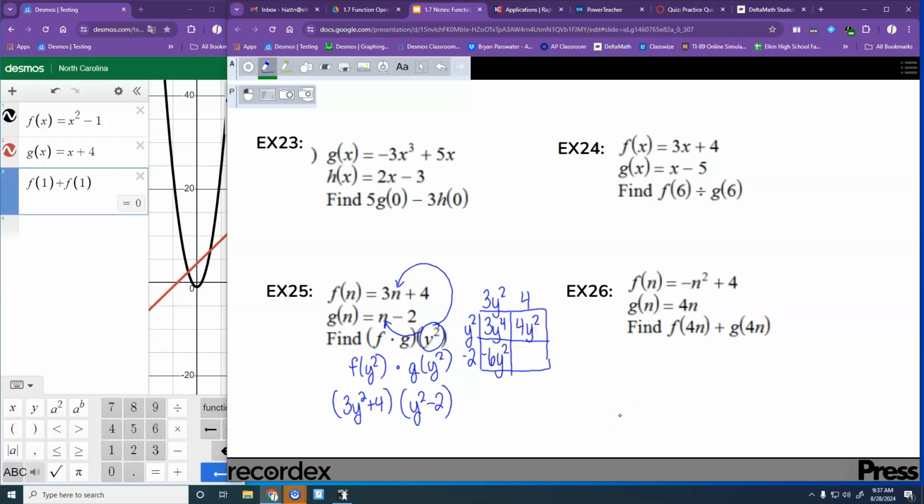And then 4 times negative 2 will give me negative 8. If you do use the box, it's usually the diagonal that you can put together most of the time. Not always, but most of the time. So we got 3y to the 4th. I got a negative 6y squared and a positive 4y squared. That's going to give me a negative 2y squared, and I'll have the minus 8 on the end for that.